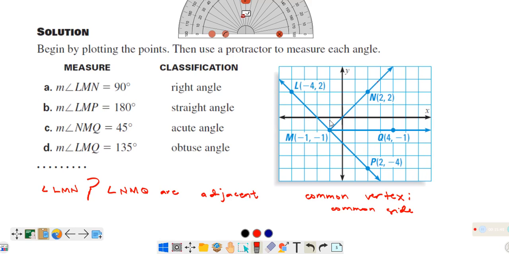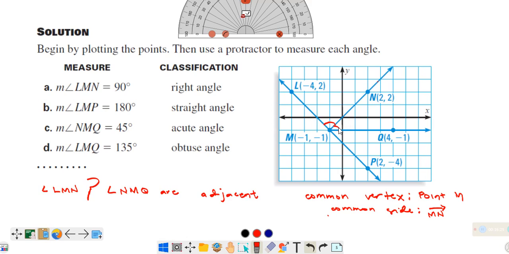So, ano ang common vertex ng LMN at saka NMQ? So, common vertex is point M. Common side, line or ray, MN. Okay?